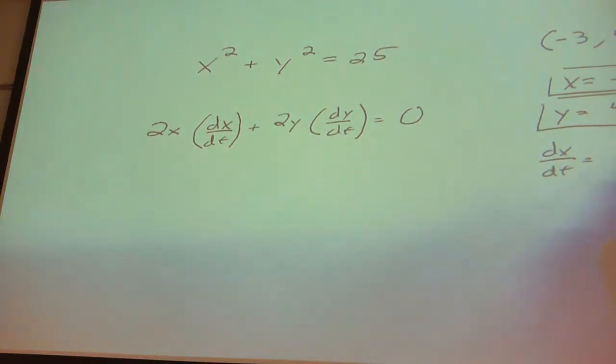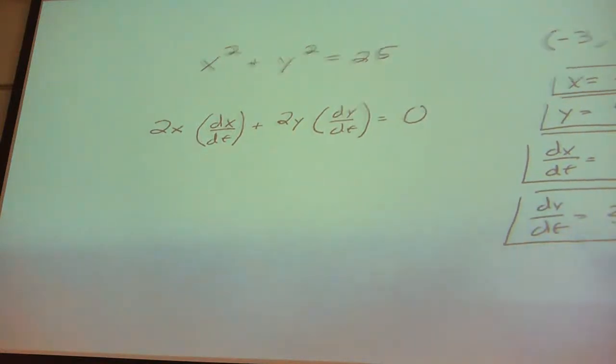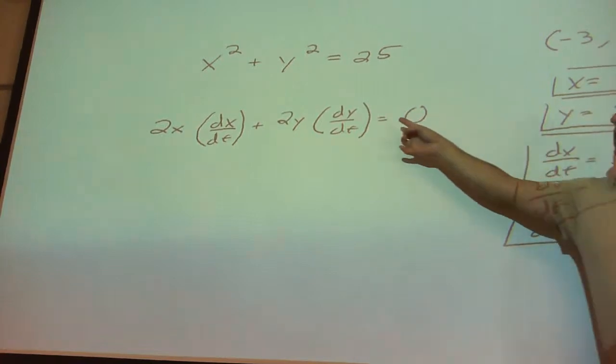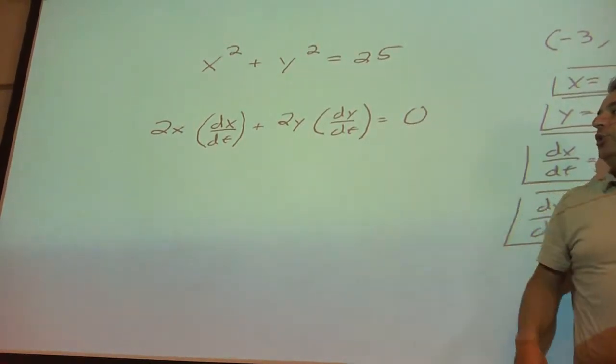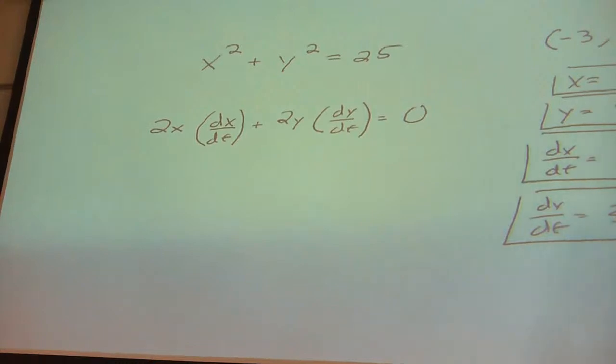And that was given as 0.4. So basically, you have everything except what? dy over dt. Your job is to find how y is changing. So, since you have everything already, you can just plug straight into the equation 2x times dx over dt plus 2y times dy over dt equals 0.